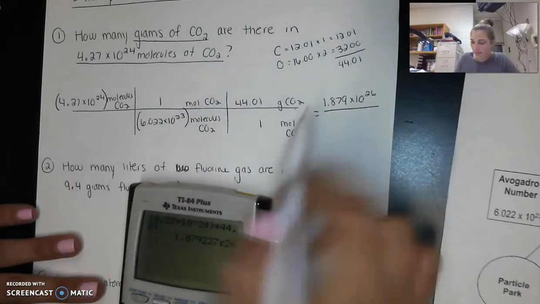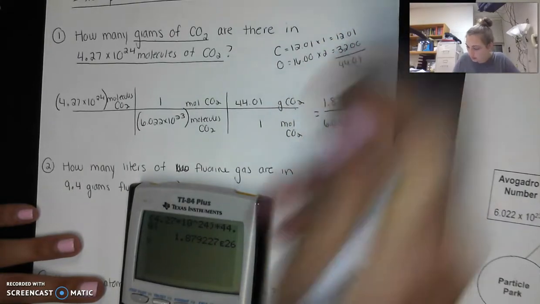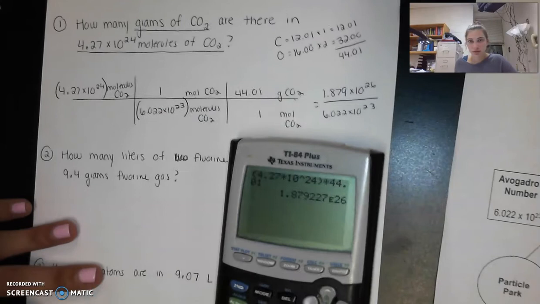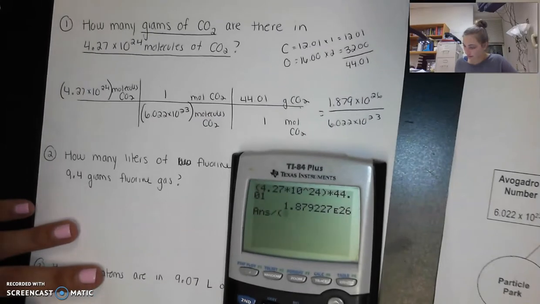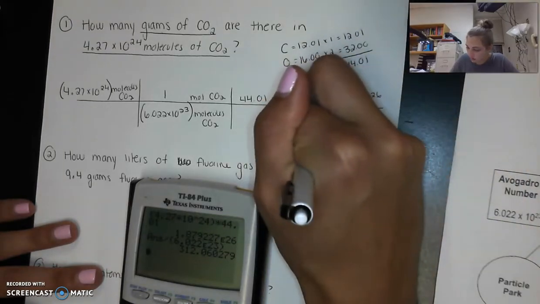And then I divide that by my bottom, which is 6.022 times 10 to the 23rd. So now I divide by parentheses 6.022. Instead of using times 10, I can always use my E button. Second comma will give me that capital E to the 23rd, end parentheses.